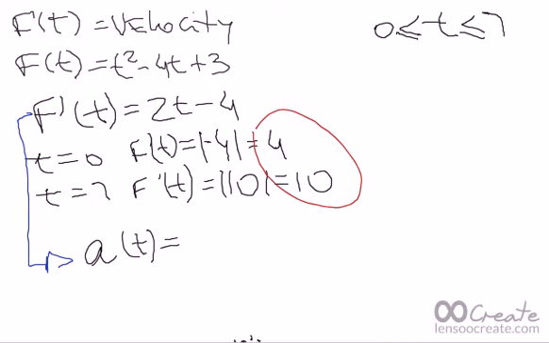We're going to again use the same formulas that they taught us on the previous videos to get the derivative. So the acceleration of t is going to be 2. And we know that the acceleration is going to be a constant, so the acceleration at the beginning and at the end of the interval is going to be the same, 2. So here we have the two answers for question B.